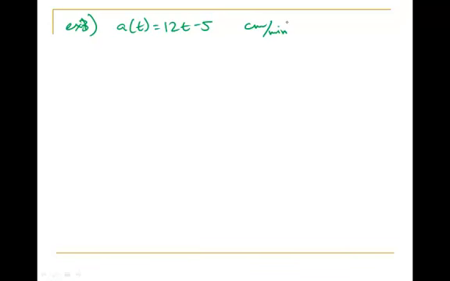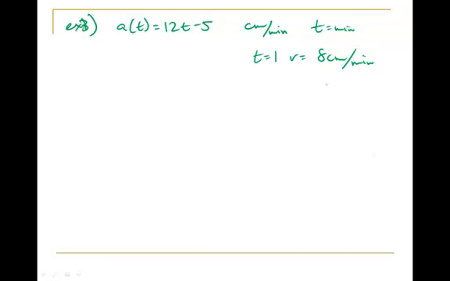So this is an acceleration equation, and t is in minutes. So it asks us to take a look and say if the velocity at time t equals 1 is 8 centimeters per minute.